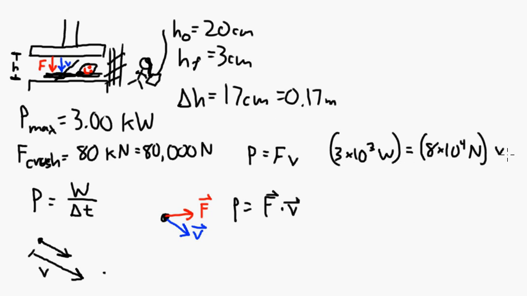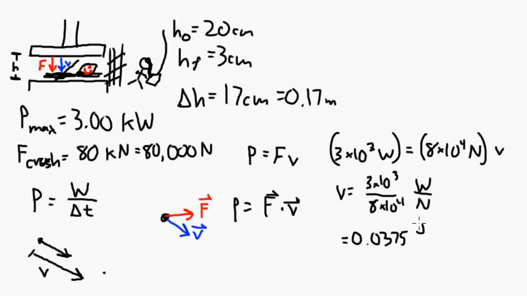So speed v is going to equal 3 times 10 to the third over 8 times 10 to the fourth, in watts over newtons. What this comes out to is 0.0375. A watt is a joule per second, so it's joules per newton seconds.